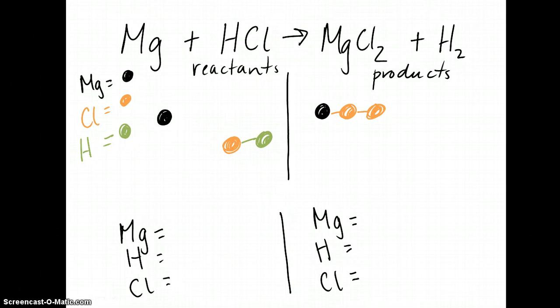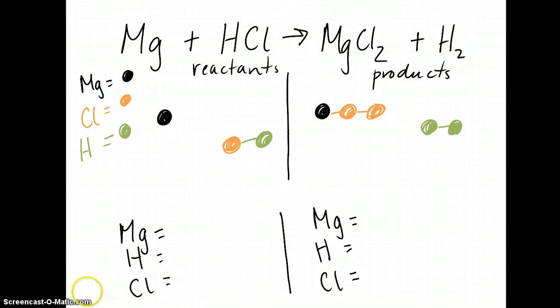That's an orange and a green circle. The magnesium is by itself, and here I have a magnesium with two chlorines, and I have a pair of hydrogens. So remember, if you have that subscript, that tells you how many of those atoms you have, and so we have two hydrogens, they're paired together.